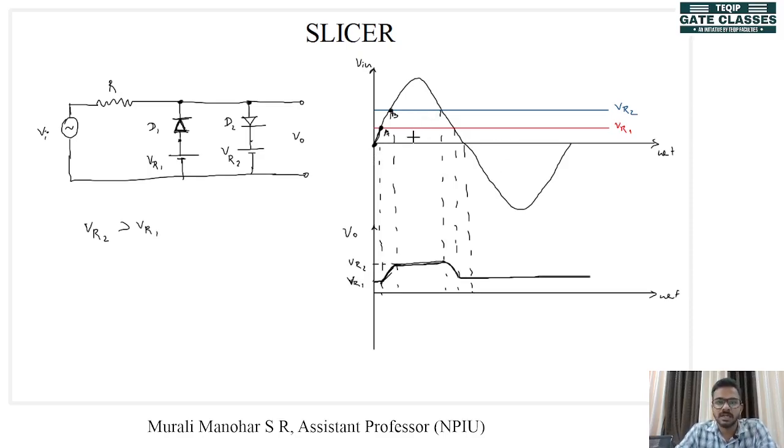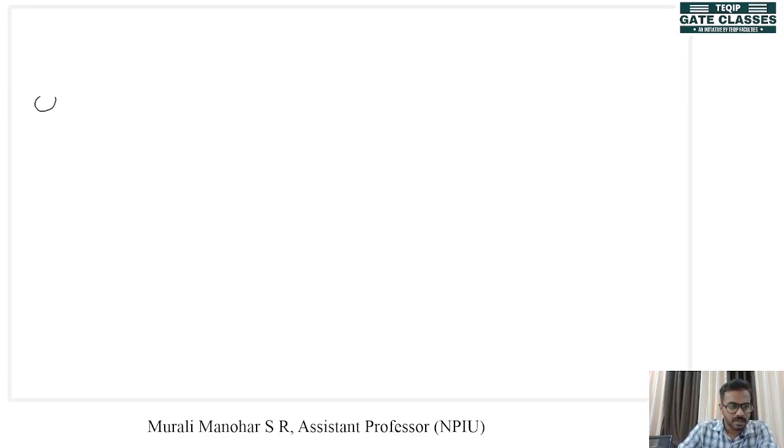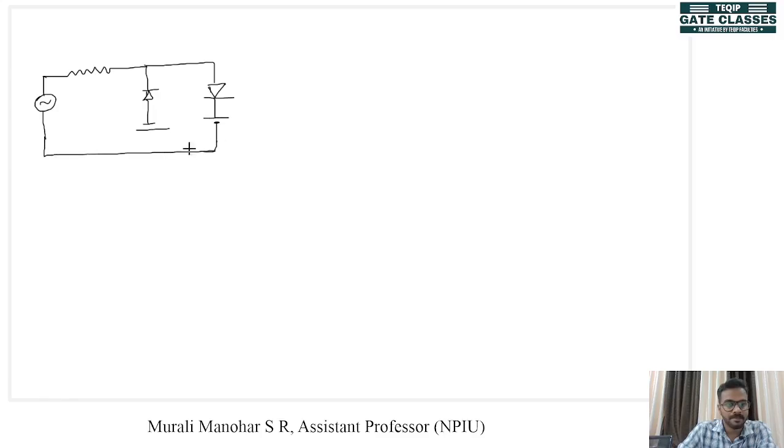A slicer circuit can be used to generate asymmetrical square waves. That circuit I can show here. The resistance, our first diode, and its reference is now negative. Second diode with a positive reference voltage. Here we have our output.